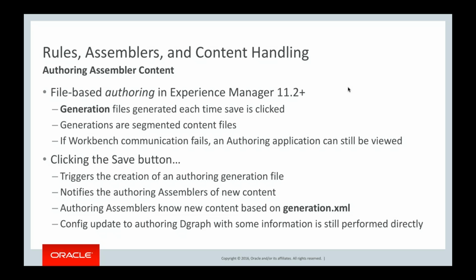So the authoring D graph is grabbing the information from the generational file, running that query, and then presenting it on your site. So again, just iterating that we no longer have this dependency on trying to reach the ICR repository on tools and frameworks. So again, every time you click save, we create these generational files.